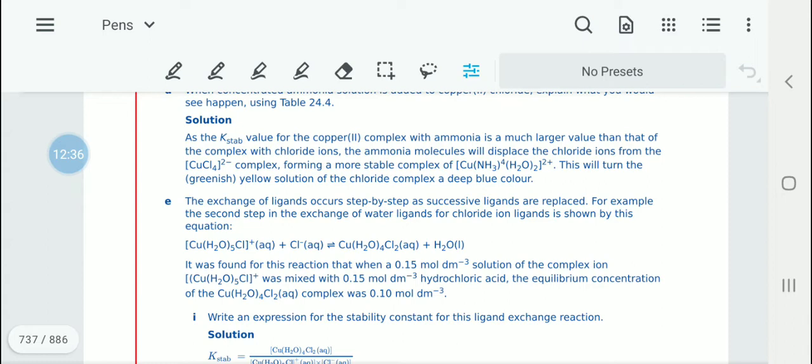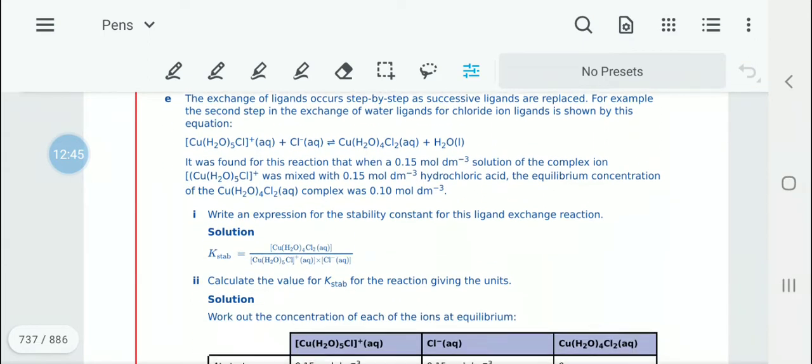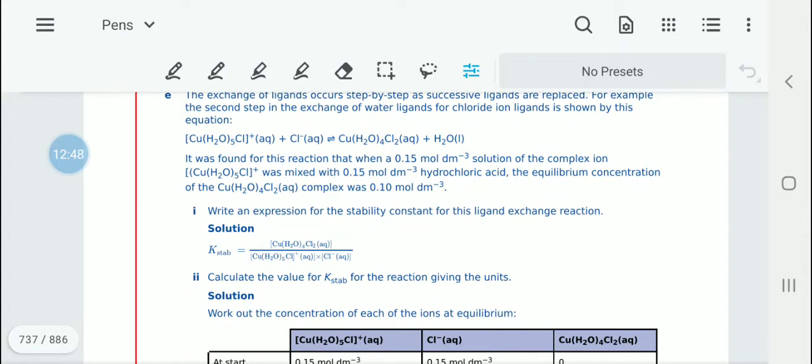The exchange of ligands occurs step by step as successive ligands are replaced. For example, the second step in the exchange of water ligands for chloride ion ligands is shown by this equation. So first one chloride ion has been added, then the second one is going to be added, replacing a water.